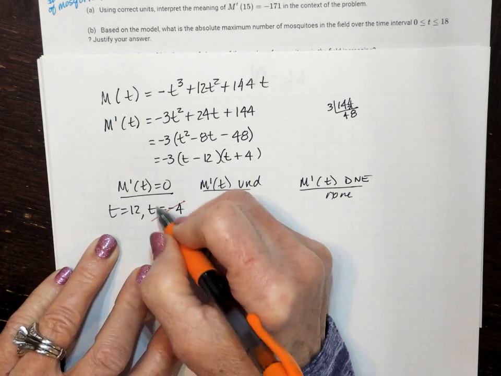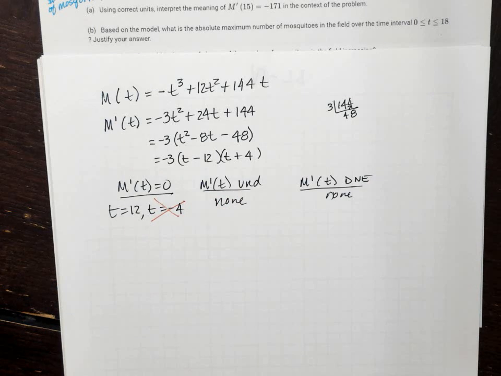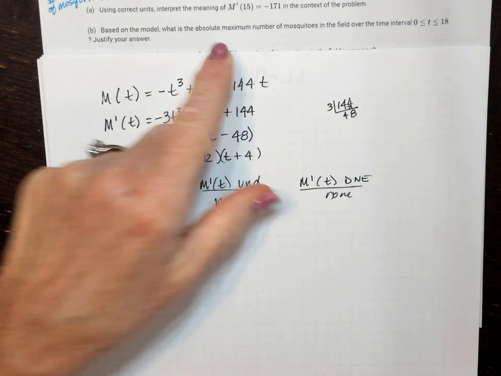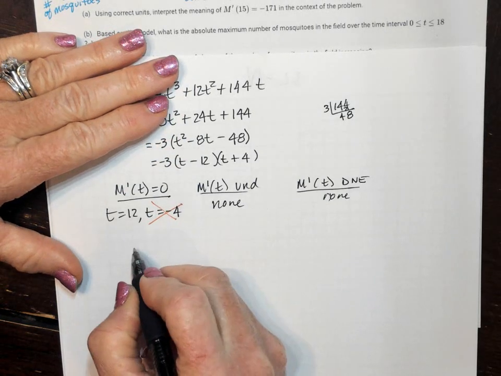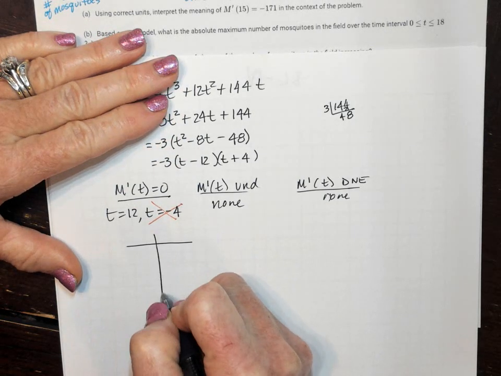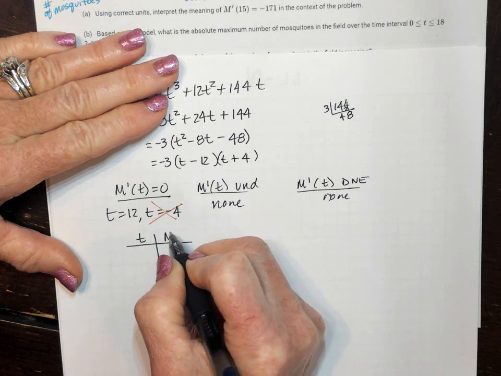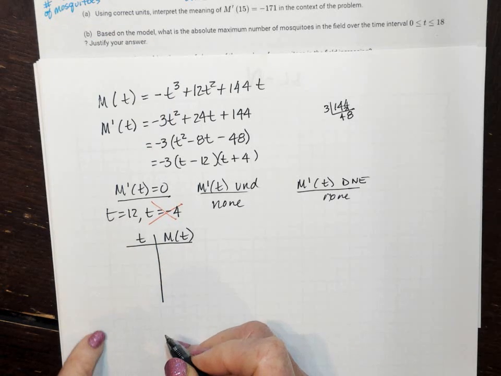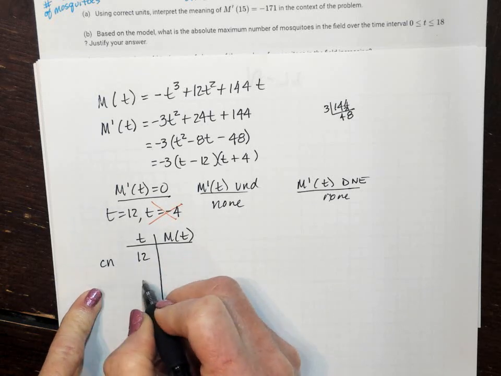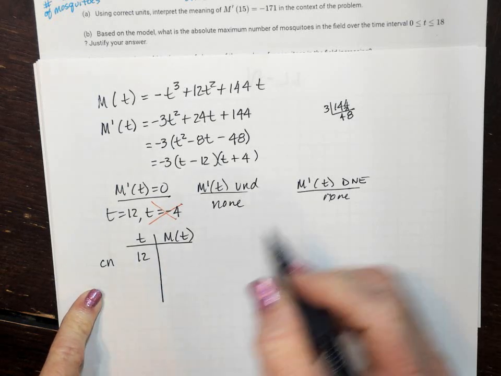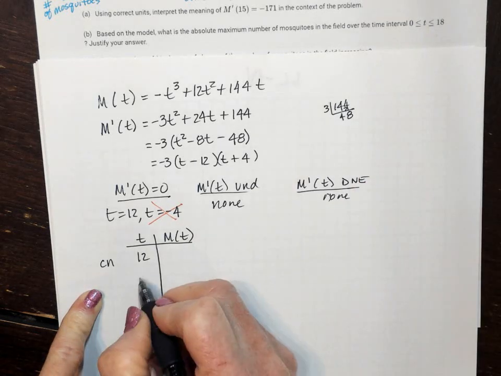We can take out the negative 4 because for real life problems like this, time can't be negative. We want absolute maximum, so we need to check the endpoints as well. So we have t and m of t, our critical number 12, and our endpoints, 0 and 18.